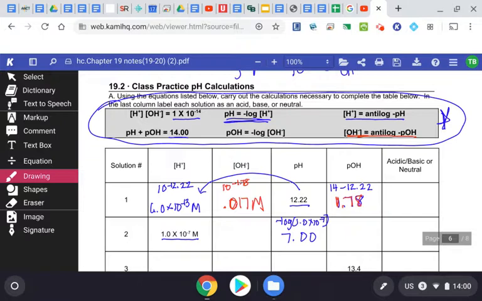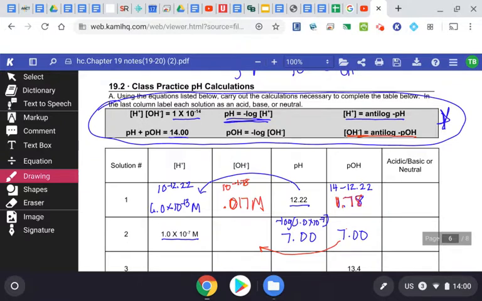To figure out my pOH, remember pH plus pOH equals 14. Well, 14 minus 7.00 is again 7.00. To figure out my hydroxide ion concentration, I'm going to use that 7.00.